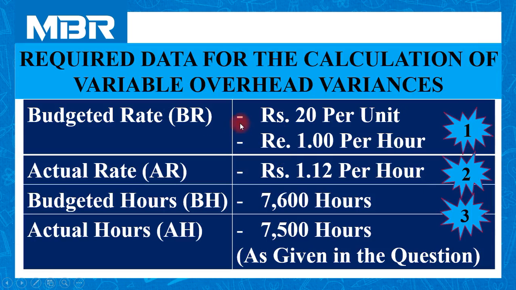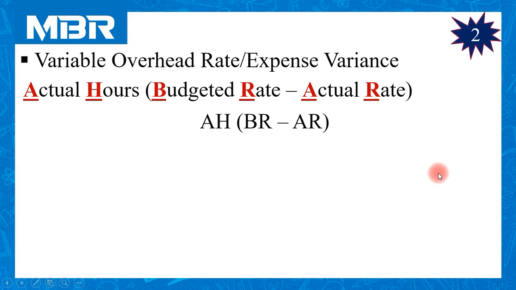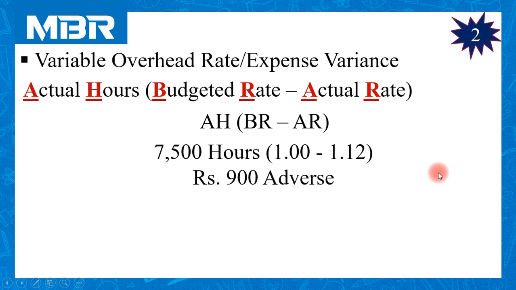You can check your question. We have all the information in this table. Actual hours 7,500, budgeted rate per hour rupee 1, and actual rate 1.12. Simply insert all the figures in the formula, and the result is rupees 900 adverse. This is adverse variance. Why?